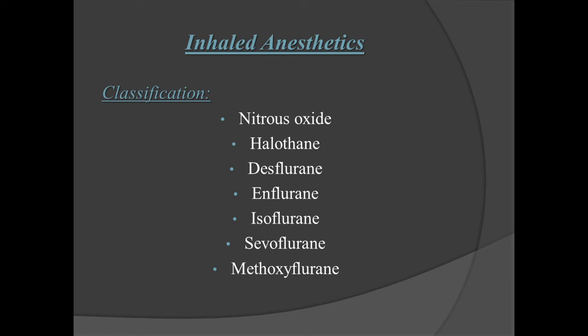Nitrous oxide is the gas form of inhaled anesthetic, while the others are easily vaporized liquids. These are halogenated hydrocarbons, and their names end with ane, and only nitrous oxide is in gaseous form.